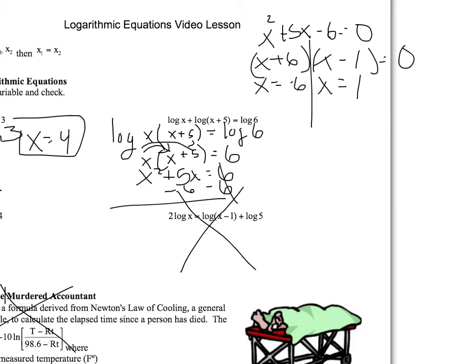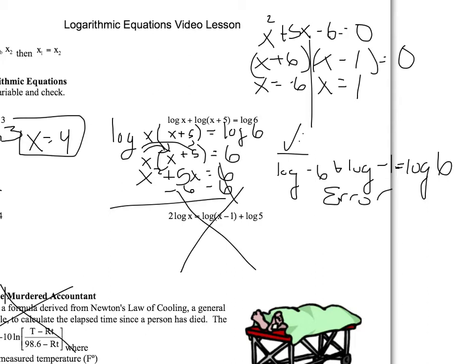Now let me show the checks. When I check a negative 6, it's going to be log of negative 6 plus log of negative 1 has to equal log 6. But when you type this in your calculator, you get an error. Since you get an error, it does not work, so you cross it off.